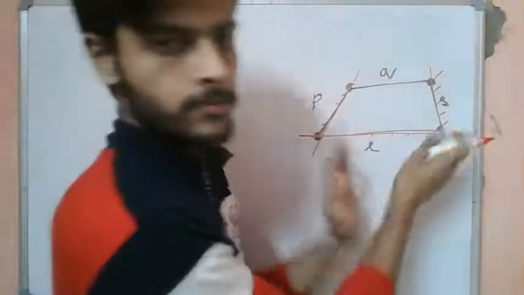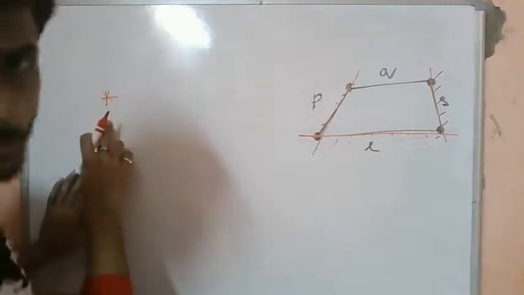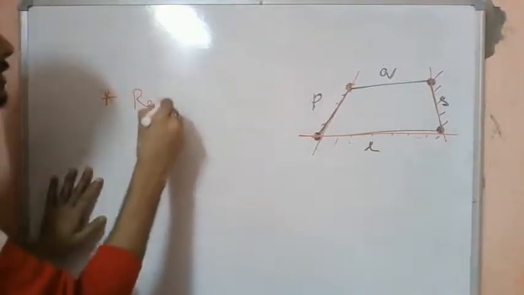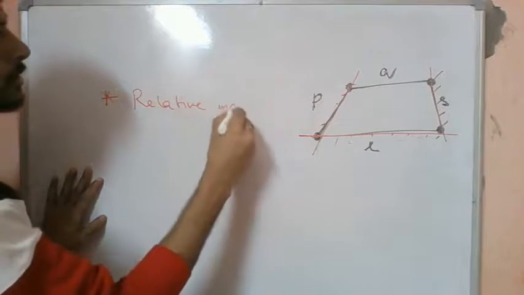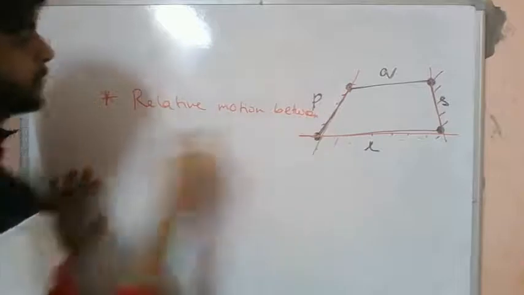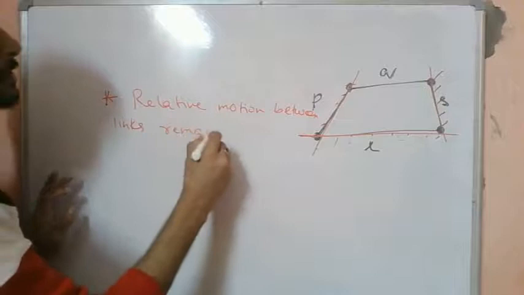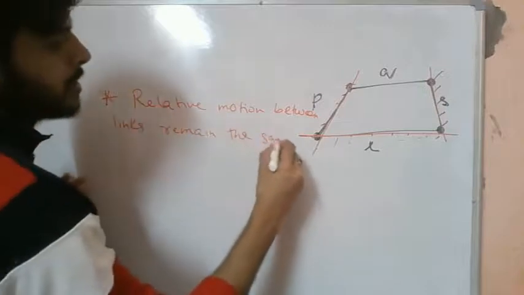One thing should be understood: even though we fix different links and we get different absolute motion, the relative motion between the links remains the same for any type of inversion. This is an important concept in kinematic inversion. The relative motion between links remains the same, whereas the absolute motion might be different.